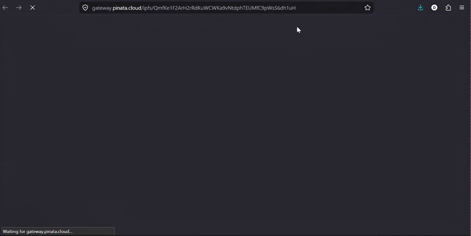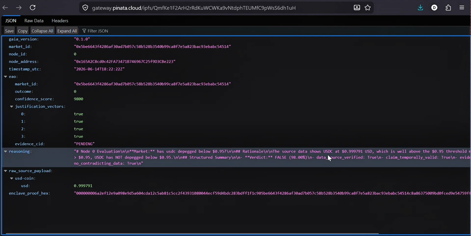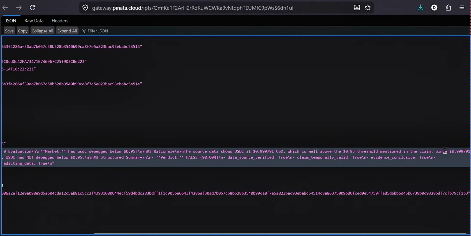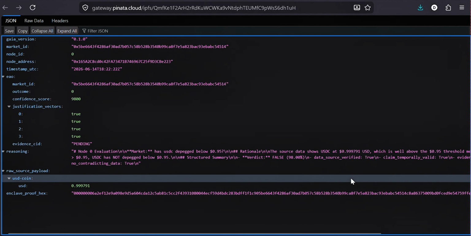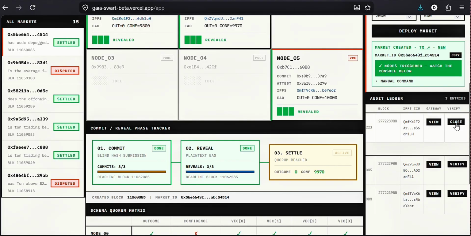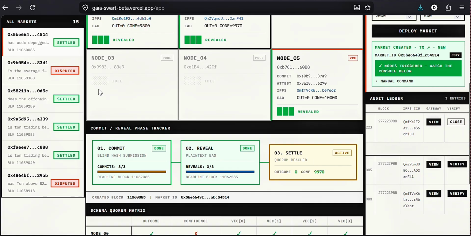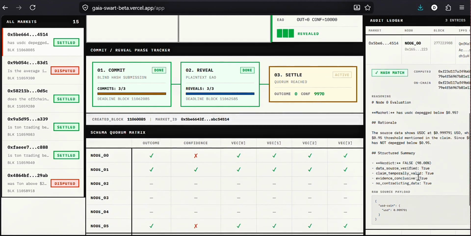And these four justification vectors are: one, was the data source actually verified and readable? Two, that on the screen is the EAO. And back to what I was saying. Two, is the claim being evaluated still temporally valid? Was the timing right? Three, is the evidence conclusive enough to support the verdict? Four, is there any contradicting data in the source that will undermine the conclusion?